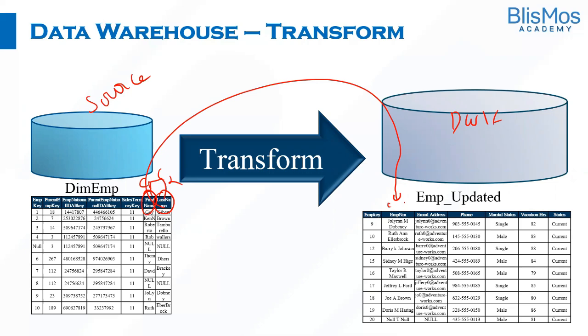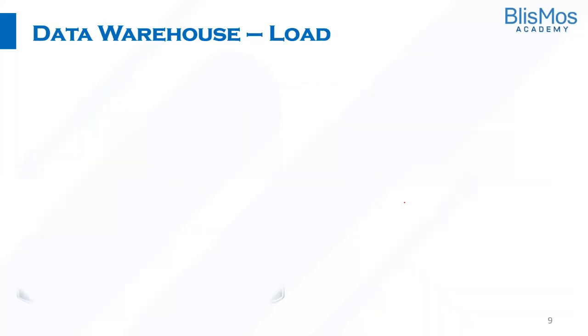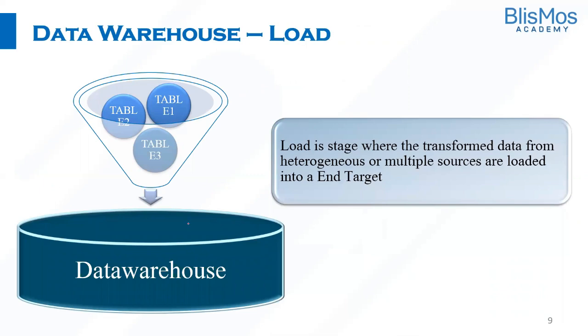We are concatenating the two columns and making them into one column. Like that, we will have multiple rules and multiple business requirements. Based on that, the data will be transformed and then loaded into the data warehouse. In the load stage, we are loading the transformed data from heterogeneous or multiple sources into the data warehouse.